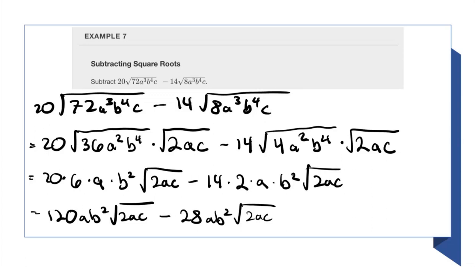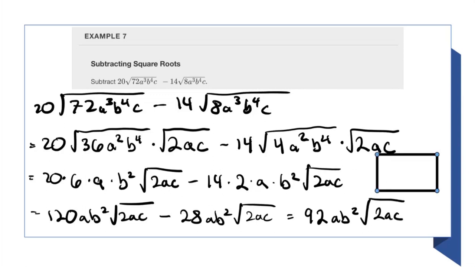Notice we have a b squared times the square root of 2ac in both terms, right? So then it's just going to be 120 minus 28. That's 100 minus 8, which is 92. So there's going to be 92 a b squared times the square root of 2ac. Okay, so that one was a little bit more involved.